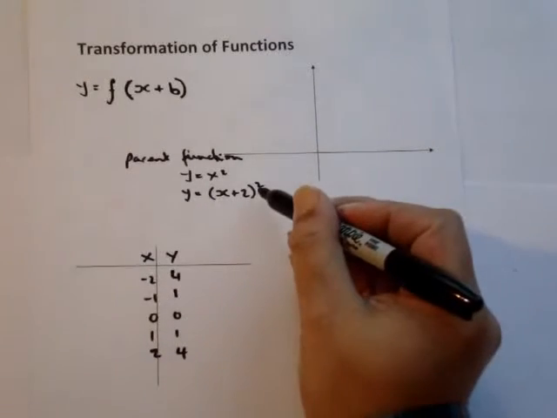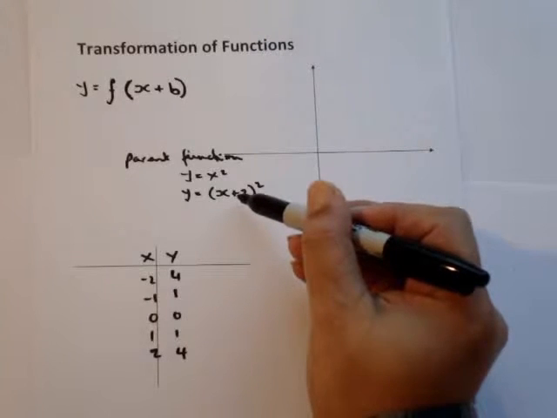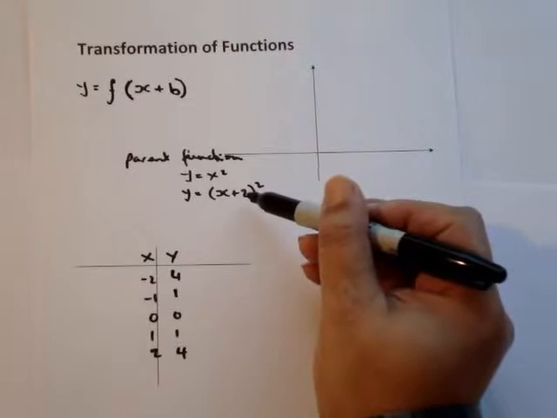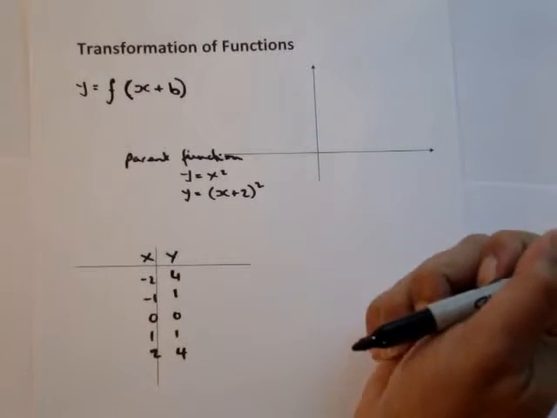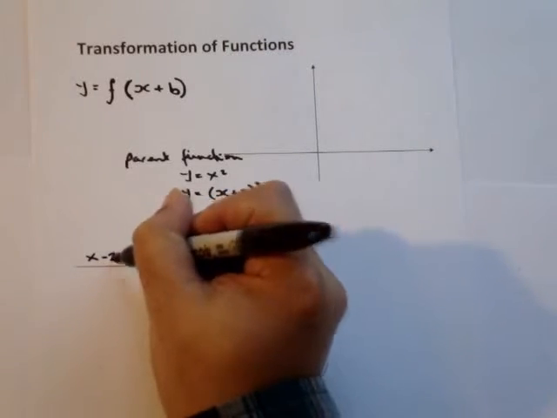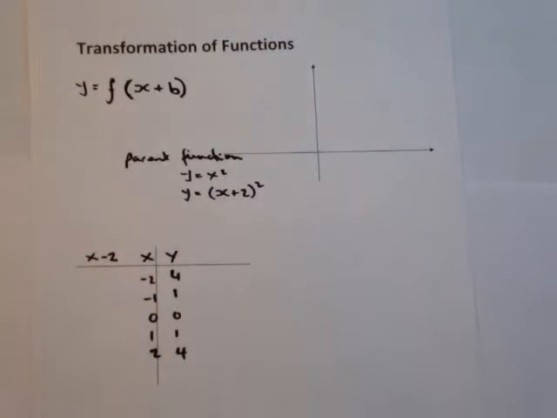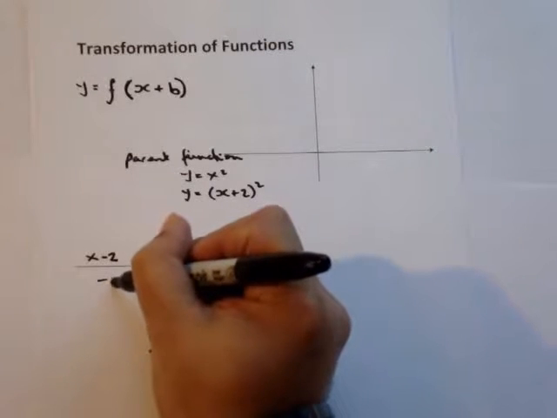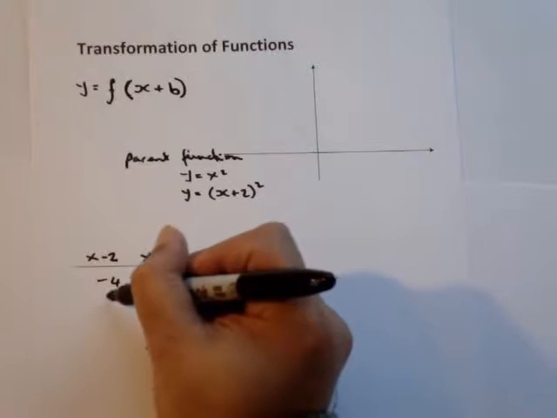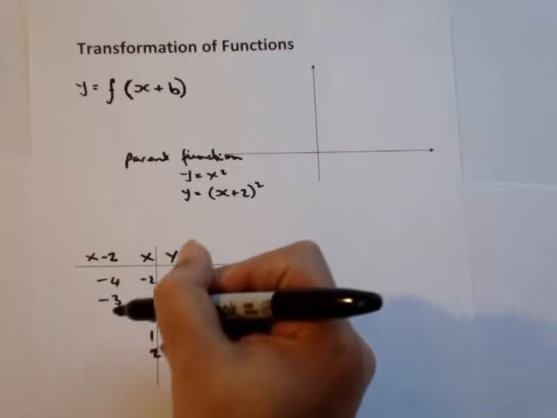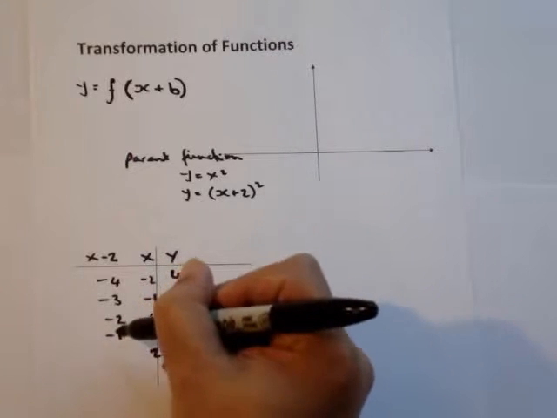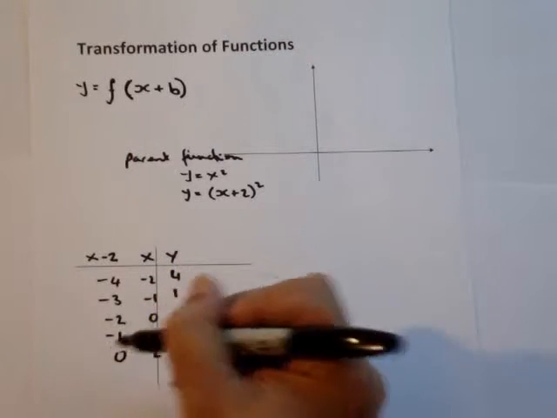Now this transformation actually affects the x value, so we have to subtract b from our x. So this would become x minus 2. So this would make this minus 4, minus 3, minus 2, minus 1, and 0.